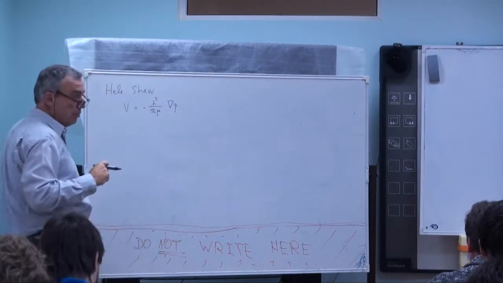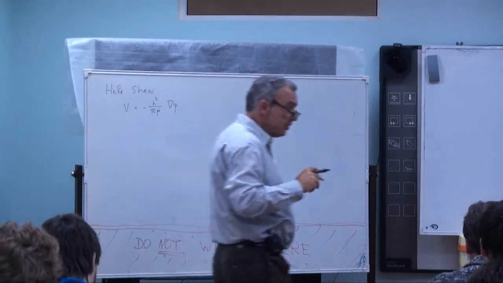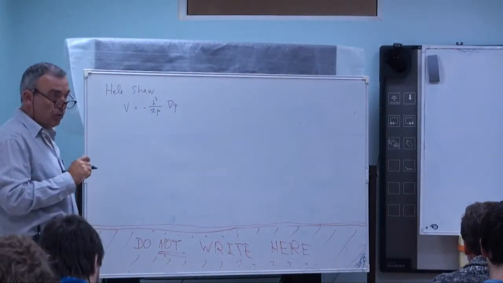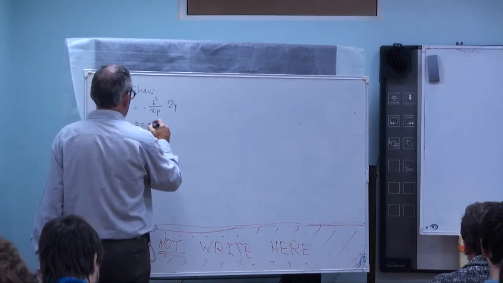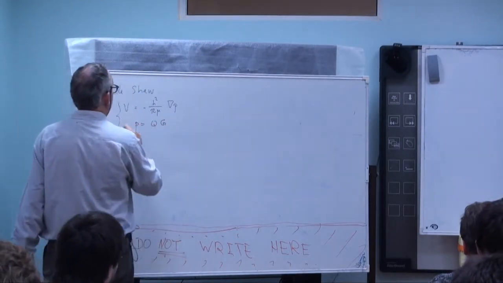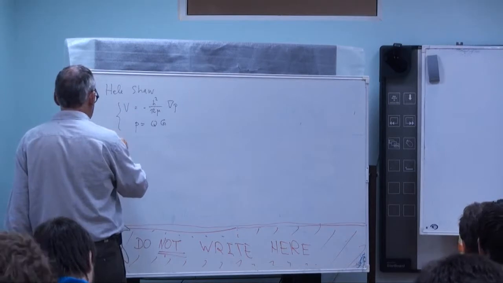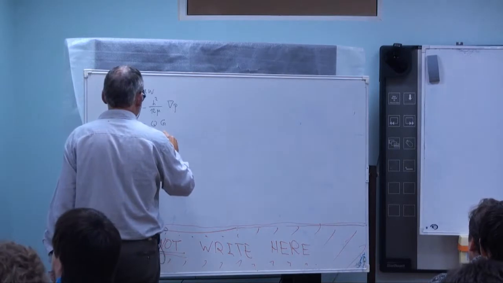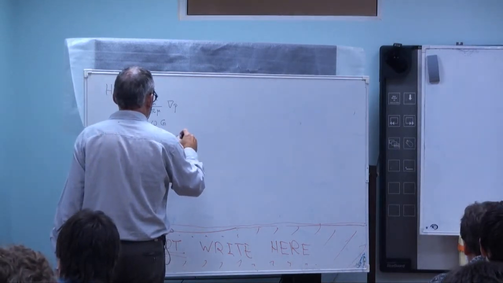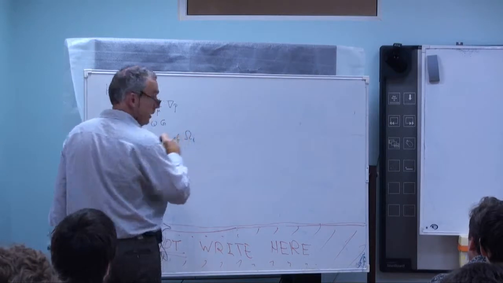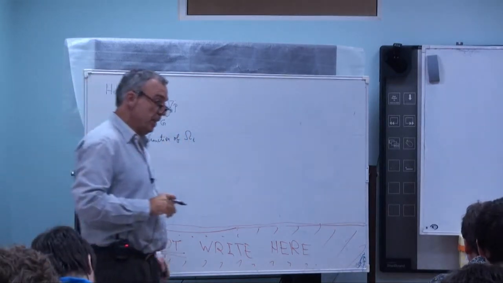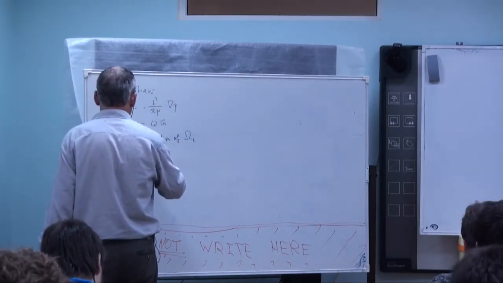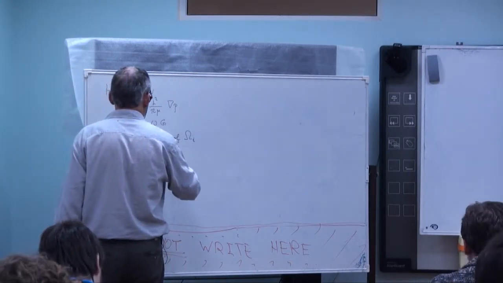So the speed of the moving boundary is proportional to the gradient of the pressure, and the pressure itself is proportional to the Green's function. And G is the Green's function of, let's say, omega t, the domain at time t, with pole at the sink.